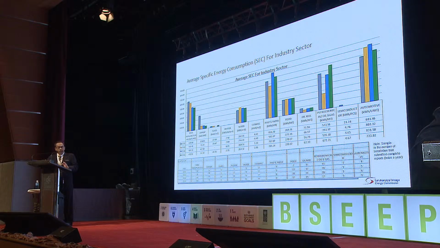If you are in the steel industry, you are using 437.5 kilowatt hours per ton, and that is the average. If you go lower than that, you are better. If your consumption is more than that figure, you have to do something to reduce it. So as you look at cement and rubber, we have the specific energy consumption for each subsector of industry. With EMIS, we may do better than this.